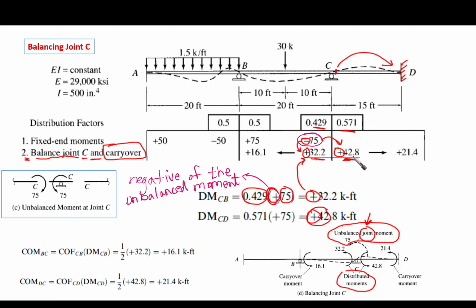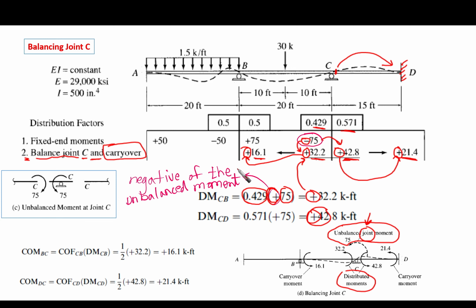So if we have 42.8 positive, half of it with the same sign is carried over here, which is 21.4. And similarly for this moment, which is 32.2 positive, take care of the sign. I always place emphasis upon it. The same sign is going to be here, but half of the magnitude, which is 16.1.